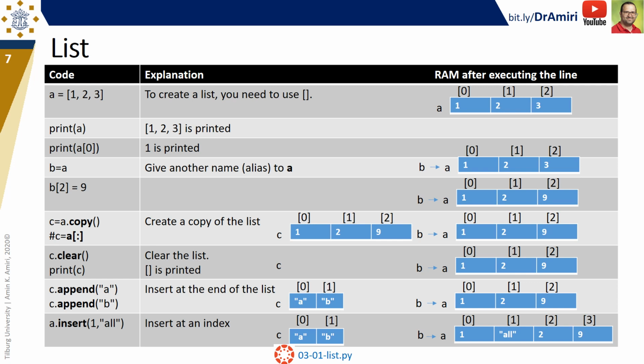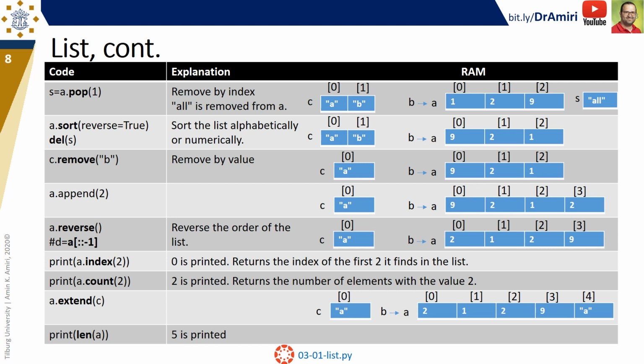And the second argument is what should be added to the list. As you can see here, 2 and 9 are shifted to the right, and a new storage box is created. And A1 is stored in that storage box.